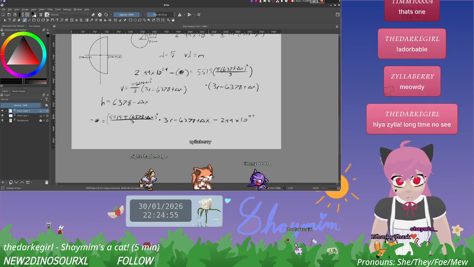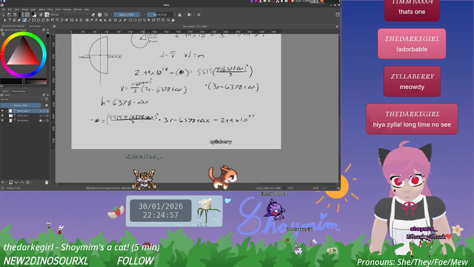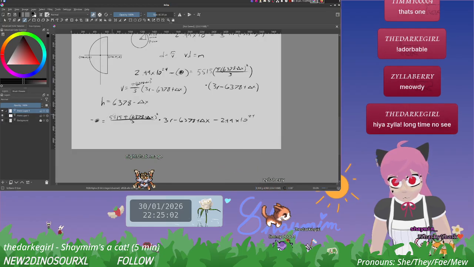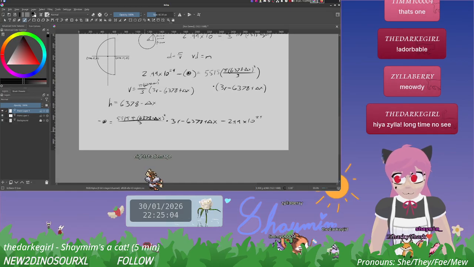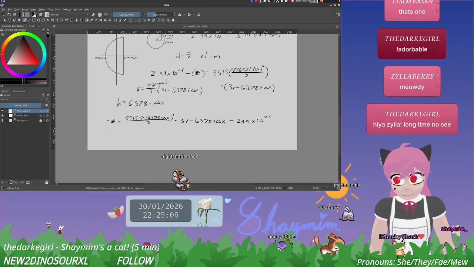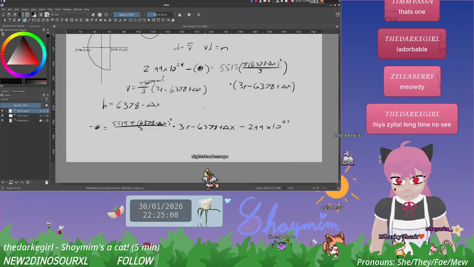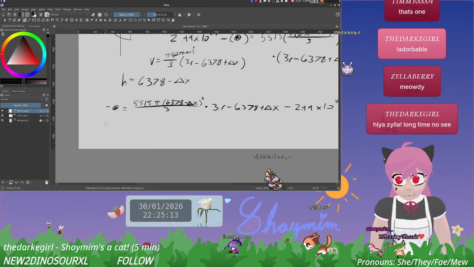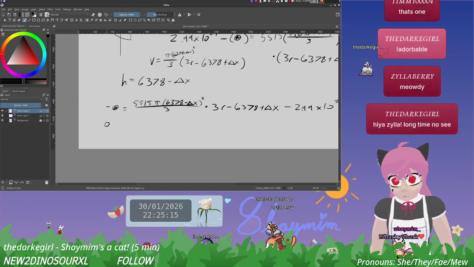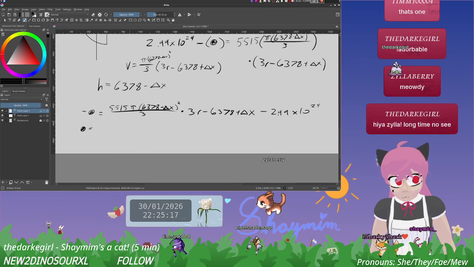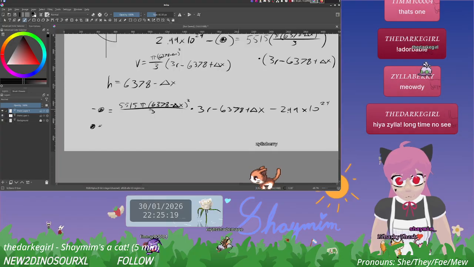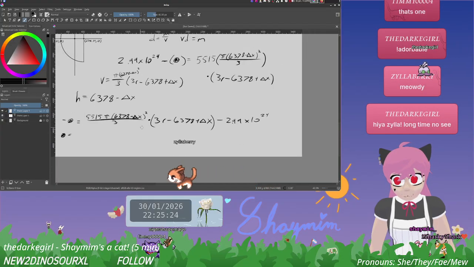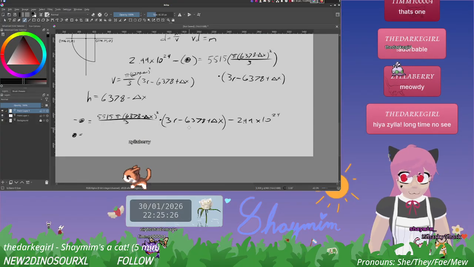I guess the parentheses don't matter at all. And the positive version here is just going to be the negative version here, and that is times all of this, so that is fine.